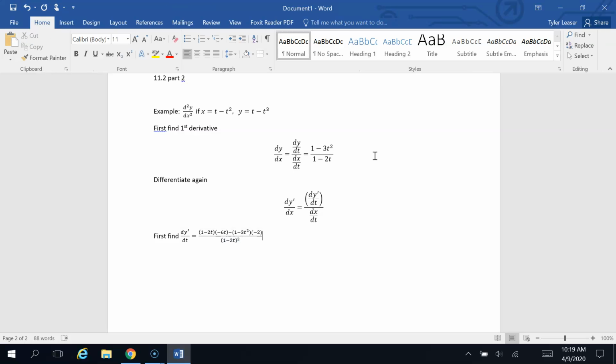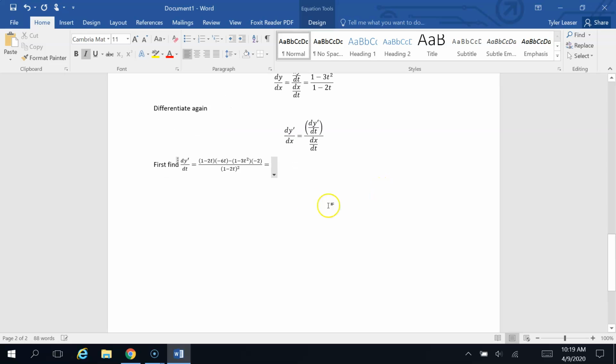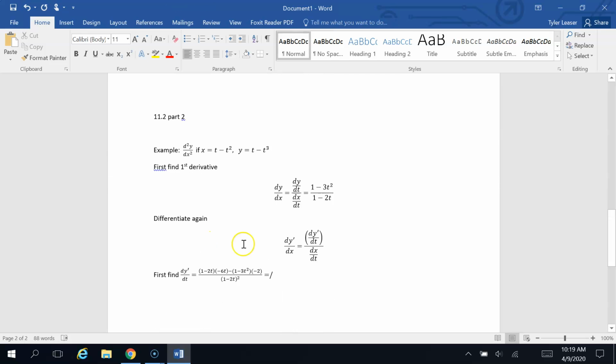It's probably been a while since some of you have done some quotient rule stuff. Bottom, derivative of the top, minus the top, derivative of the bottom, over the bottom squared. We're going to clean that up a little bit. So here I'll distribute the negative 6t into this parentheses, and distribute the negative 2 into this parentheses.